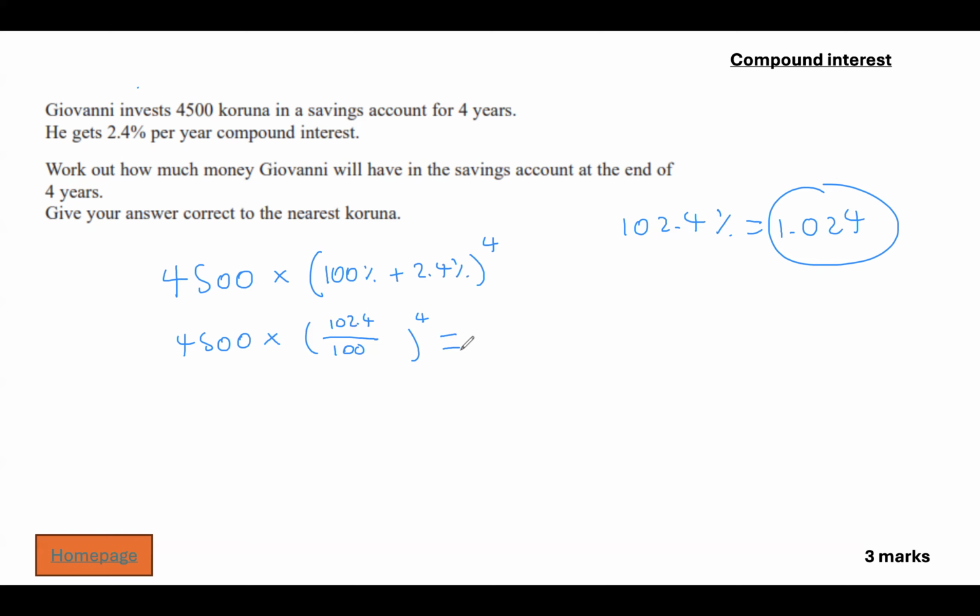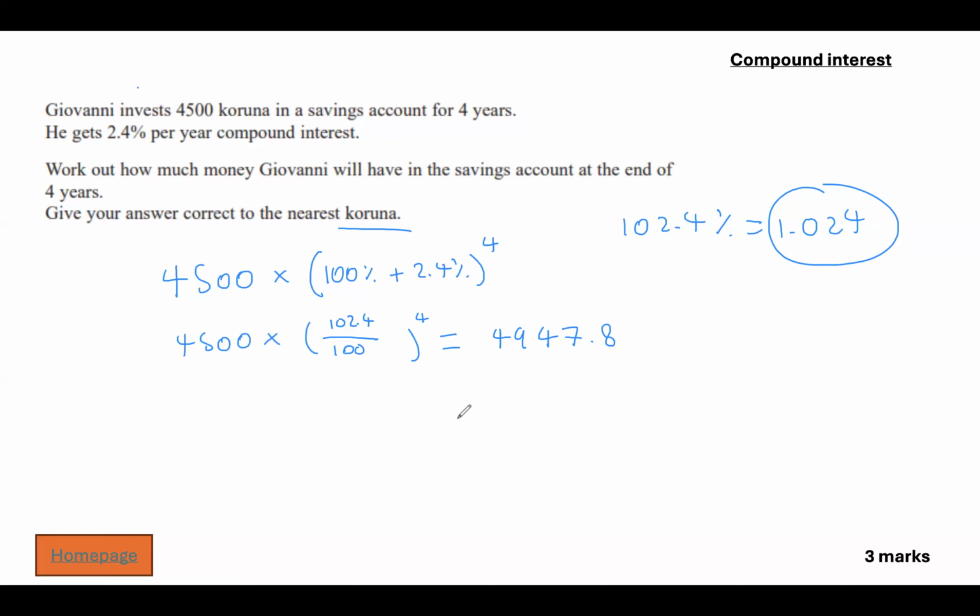So let's have a go at this then. So 4,500 times 102.4 over 100 to the power of 4 is going to be equal to 4947.8. Give your answer to the nearest koruna.